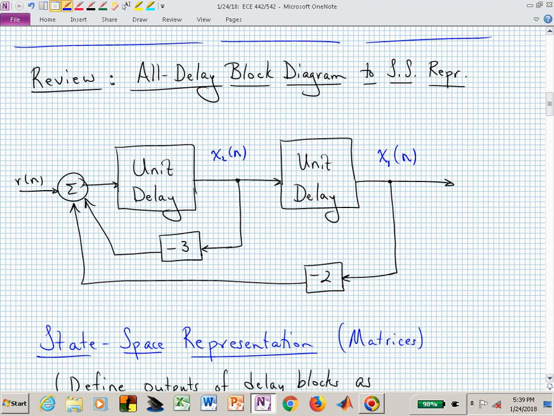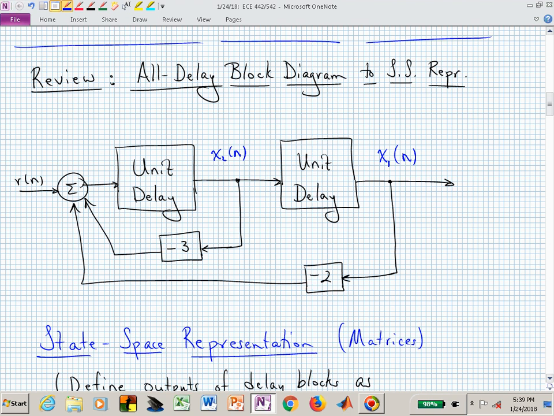And state space representations are not unique. You could have simply flip-flopped those labels and you'll create another state space representation. It will model exactly the same system, but your representation will be different from what this one would be. But that's okay. State space representations are not unique.